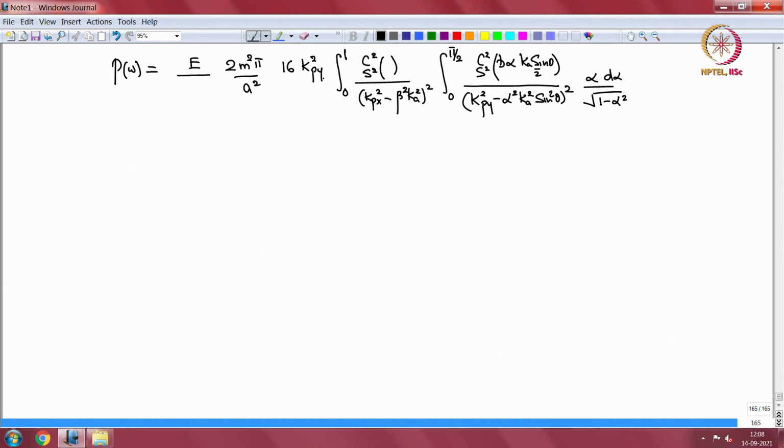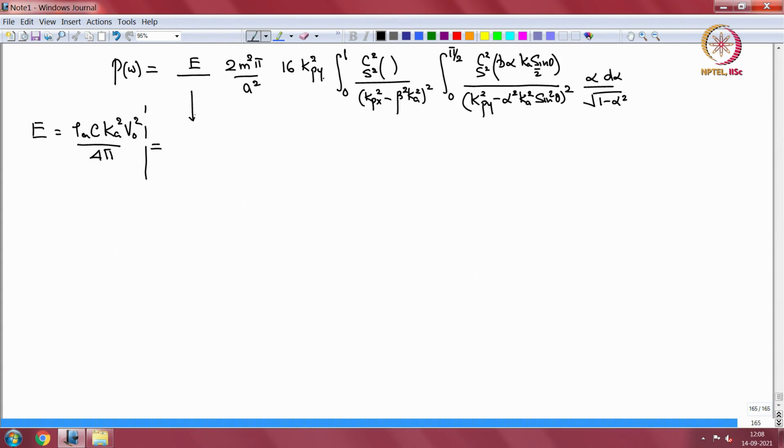If you recall, what was E? E was given by rho a c k a square v 0 square by 4 pi. That was my E. So if I bring that in here, what do I have into the power?